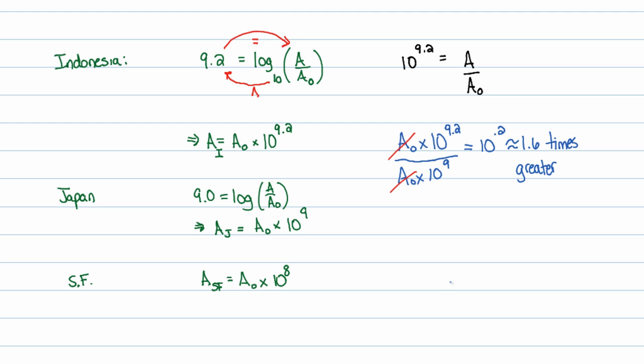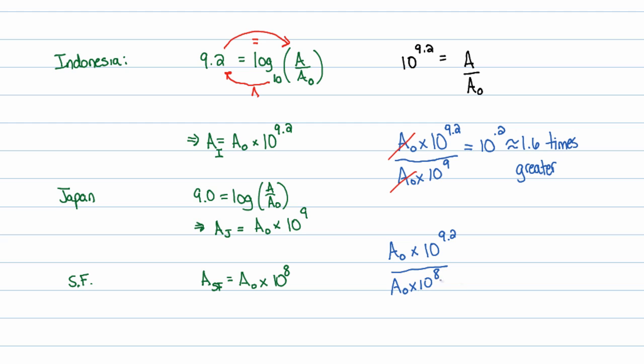So let's go ahead and do the same thing for the San Francisco versus the Indonesian quake. Now remember, I told you the San Francisco quake did a ton of damage, and there were a lot of people who lost their lives during that quake. So here we go. Again, the Indonesian quake has this amplitude. The San Francisco quake has this amplitude.